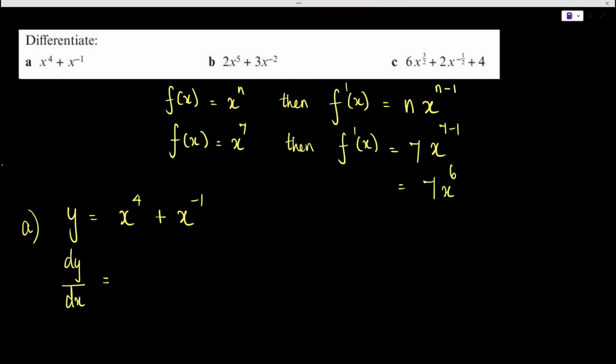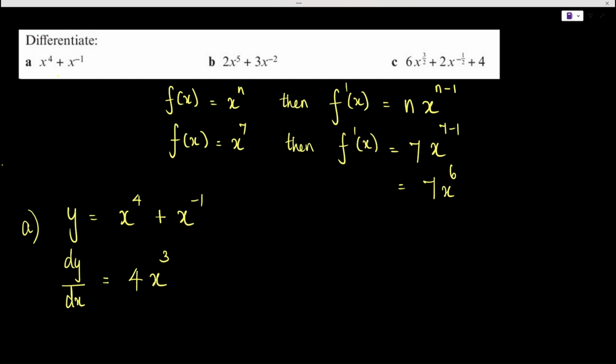So we have x to the power of 4. We bring our 4 down as our coefficient, so we have 4, and then x to the power of 4 minus 1, which is 3. For differentiation like this, we have to differentiate each term individually, where each term is a coefficient, x, and then the power of x.